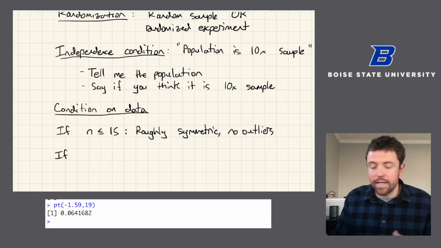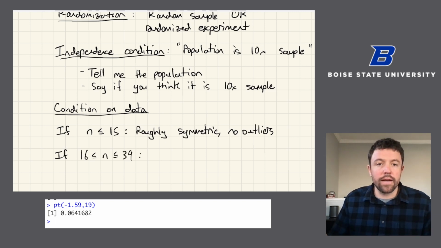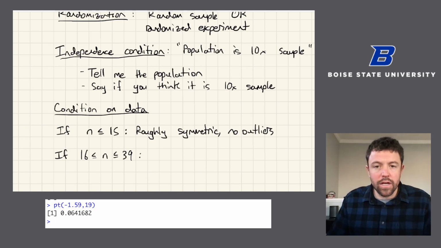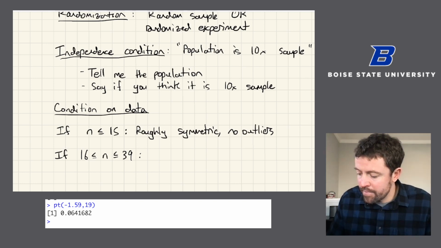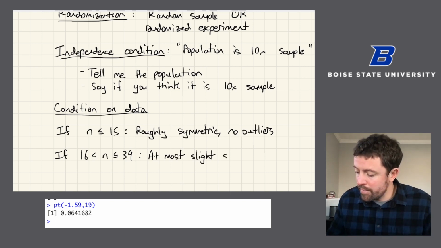If our sample size, and I often call that small, if our sample size is medium, so 16 to 39, then what we need, that's what we saw in this problem, I often say at most slight skew. So roughly symmetric is fine, slightly skewed is fine, but strong skew would be a problem. And we also need no outliers.